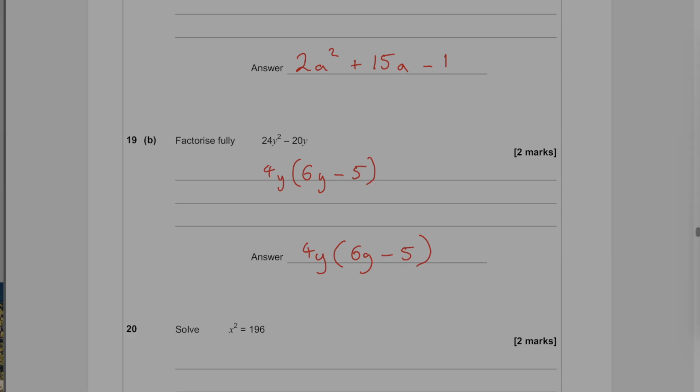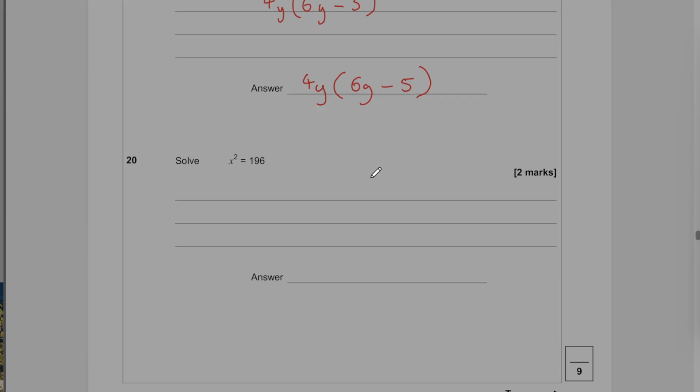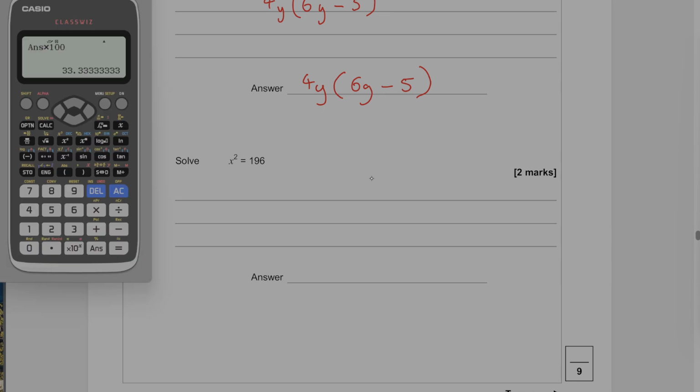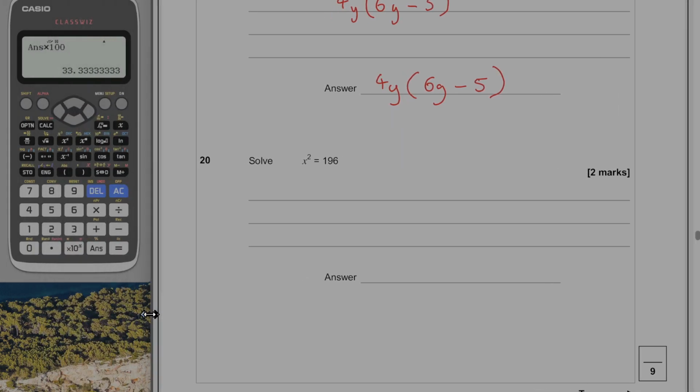And then solve. Okay, so when you square root a number, technically speaking, you're going to get a positive and a negative value. I'll bring the calculator in to help me with this, just to fully explain it. My calculator will only give me the positive value, but I want the square root of 196.